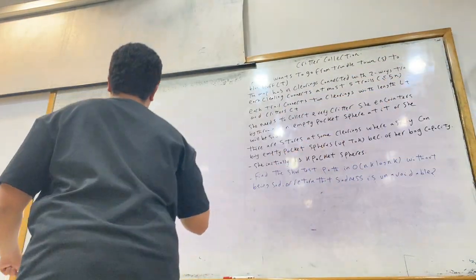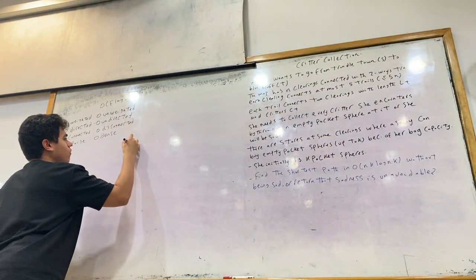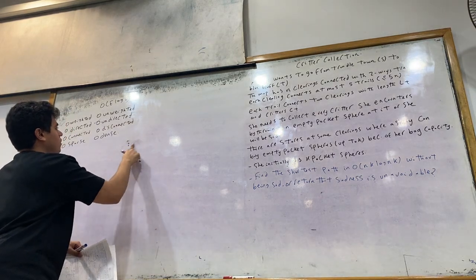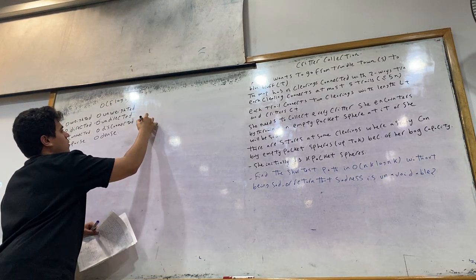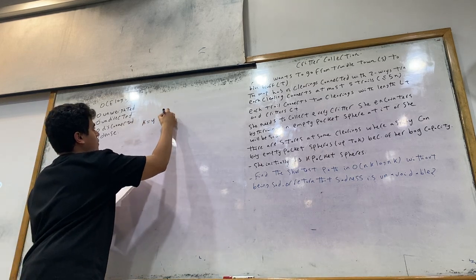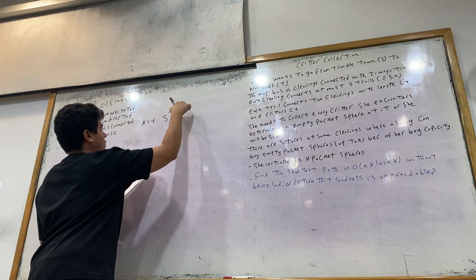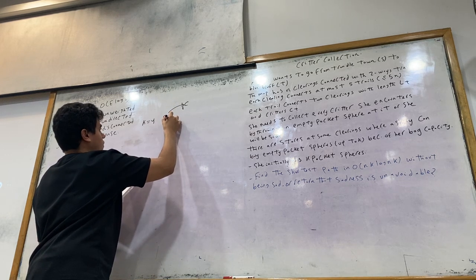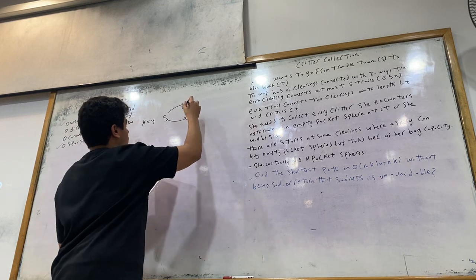Okay, so I will say here K equals 4, for example. And here I will have S, C, E.